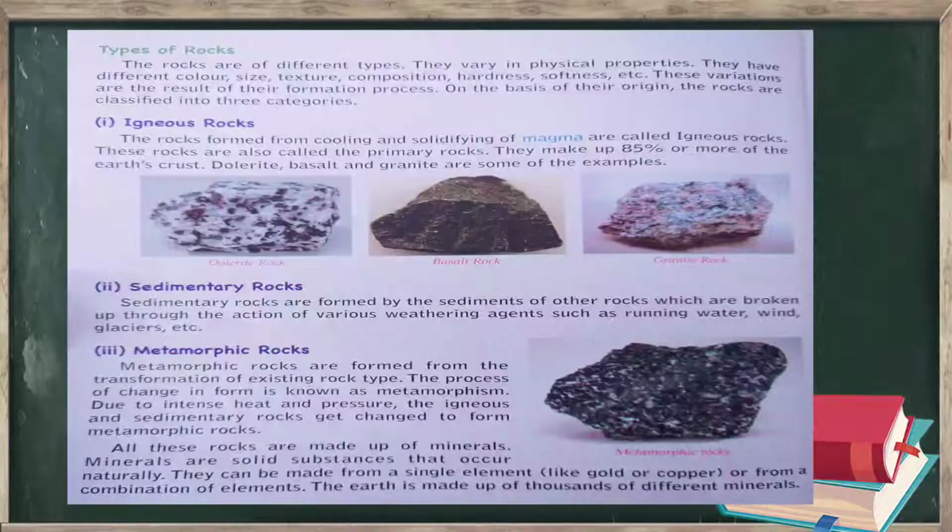The third one we have is metamorphic rock. Metamorphic rocks are formed from the transformation of existing rock type. The process of change in form is known as metamorphism.